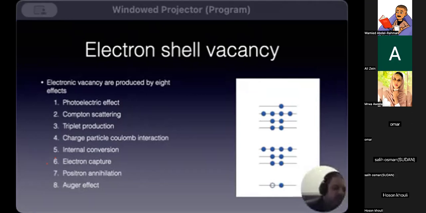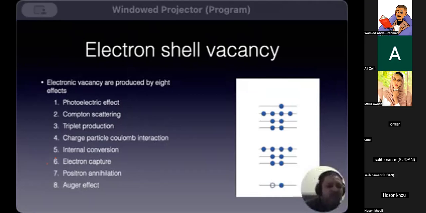One way of doing that is to emit a positron and then a neutrino, and then this proton becomes a neutron. But for this to happen, there has to be more than 2 MeC squared, the energy difference between the parent and daughter.